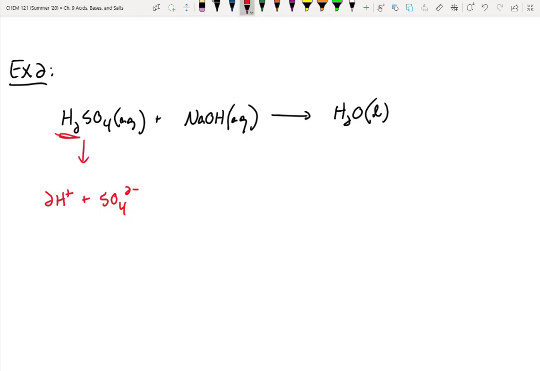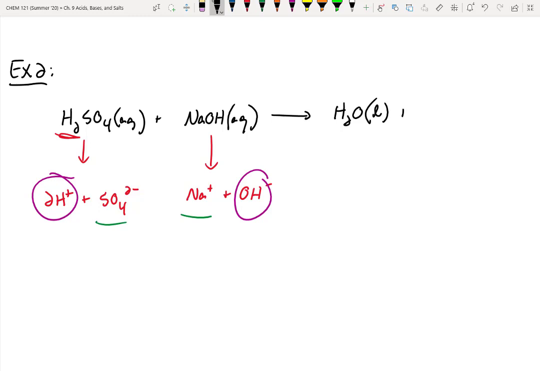Okay, let's do the same thing over here. If this splits apart, we'd be left with the sodium cation plus the hydroxide anion. So we know that these 2 pieces are going to combine to form our water, which leaves us with this and this left over. However, the sodium only has a +1 charge, where the SO4 is 2 minus.